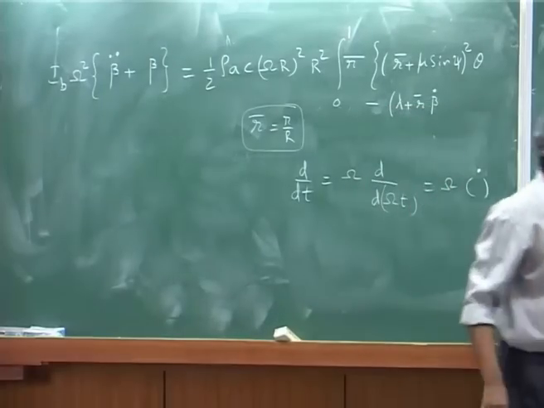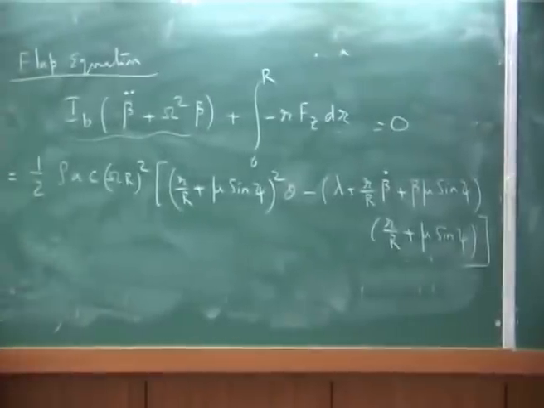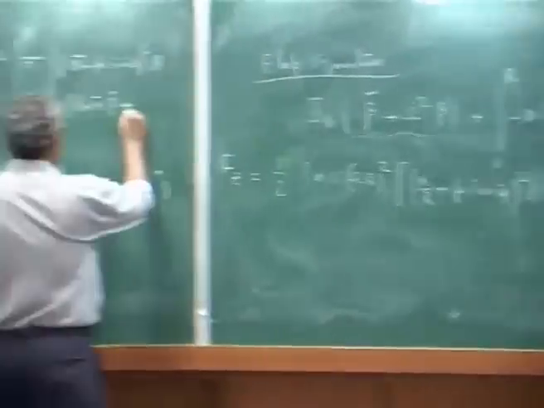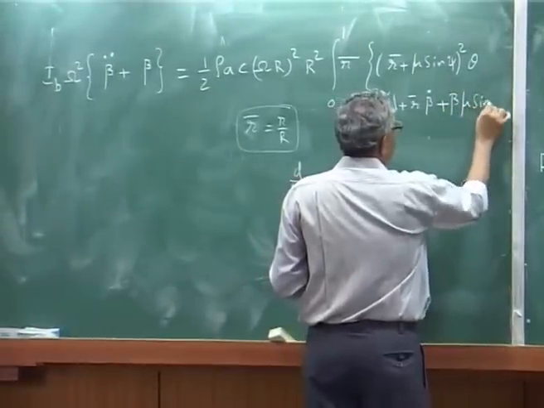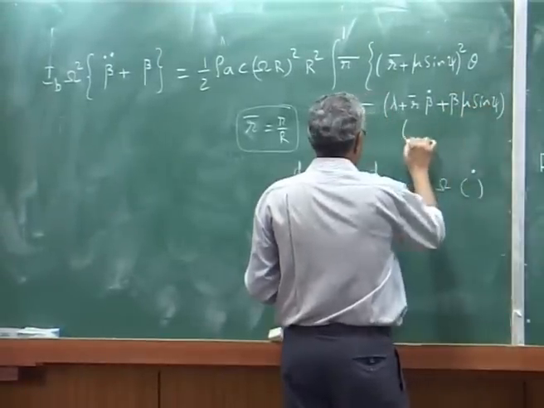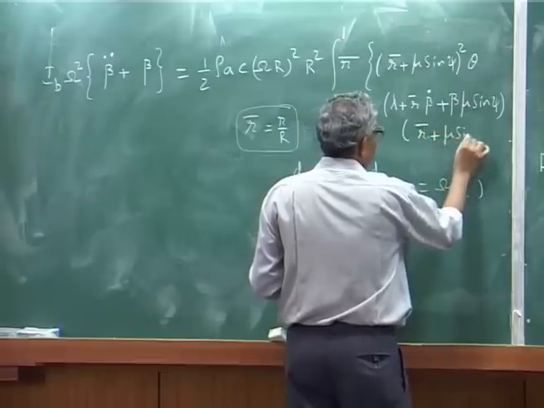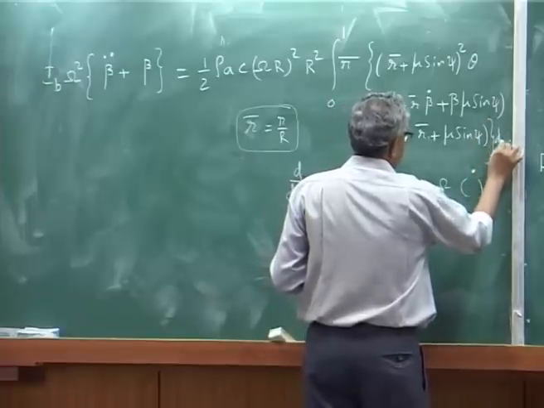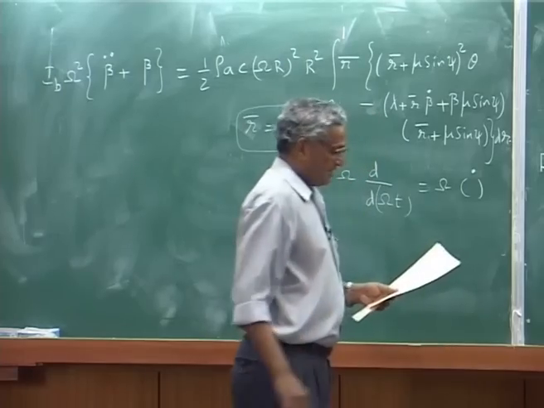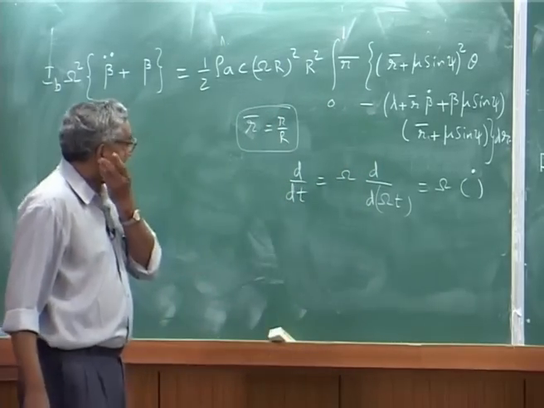This dot is as it is because this is a non-dimensional time derivative, plus beta mu sin psi multiplied by r bar plus mu sin psi, close bracket. Okay. This is my full flap equation.